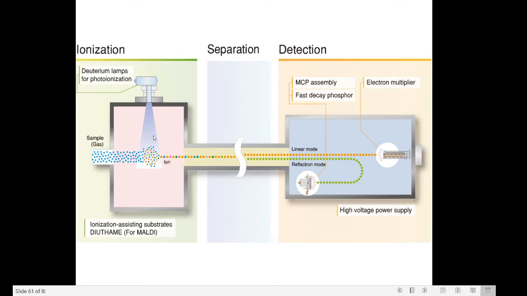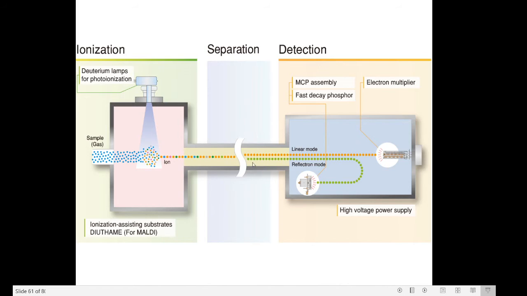It's an ionization process. In this ionization process, it absorbs the light. A deuterium lamp is passed through the sample. Based on the interaction on both sides, the molecules are aligned in a line. Those aligned molecules are separated by this particular screen.